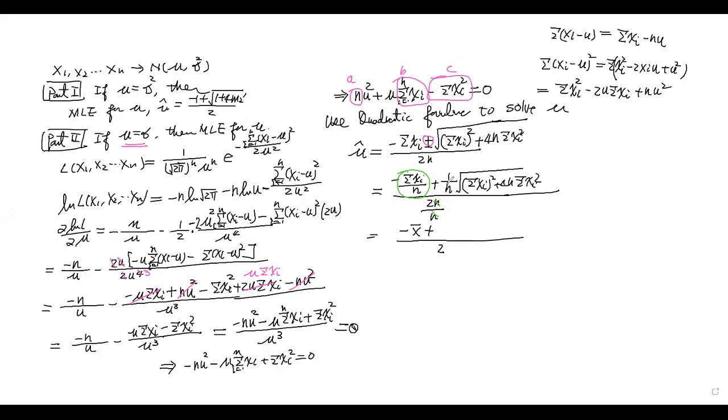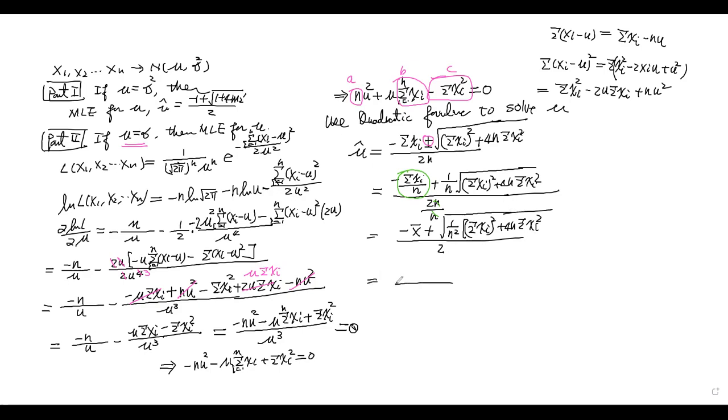Now I need to bring this 1 over n in. When I bring it in, I bring in 1 over n squared. So I have the summation of xi, the whole thing squared, plus 4n summation of xi squared here.